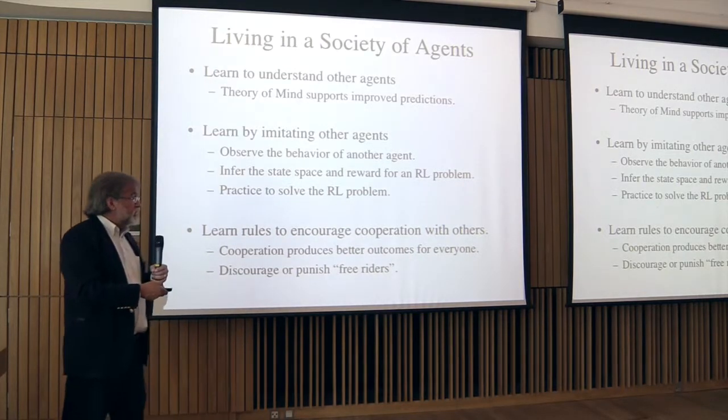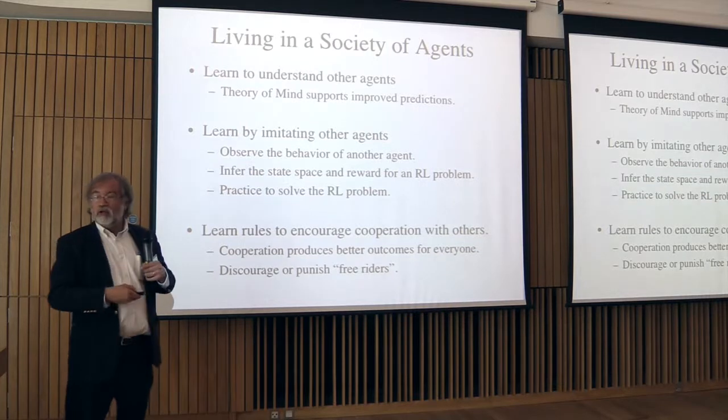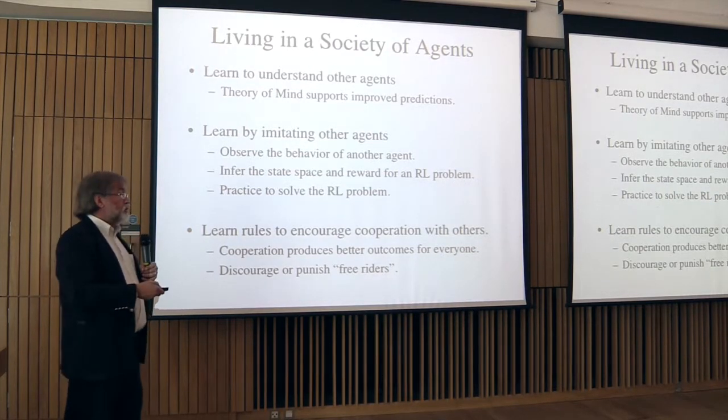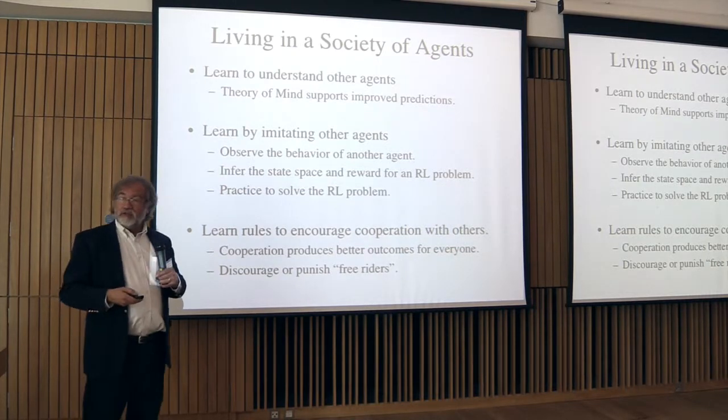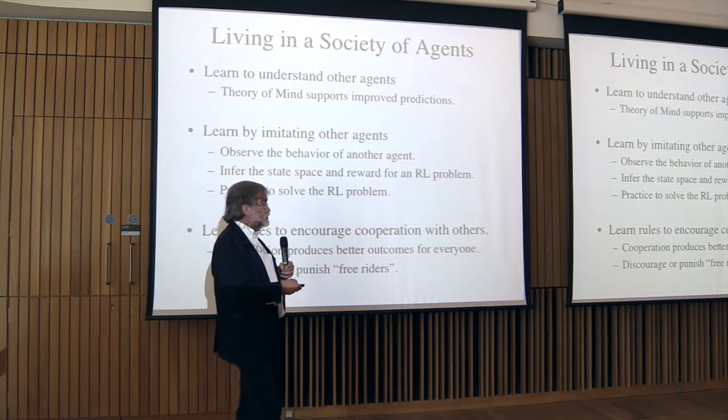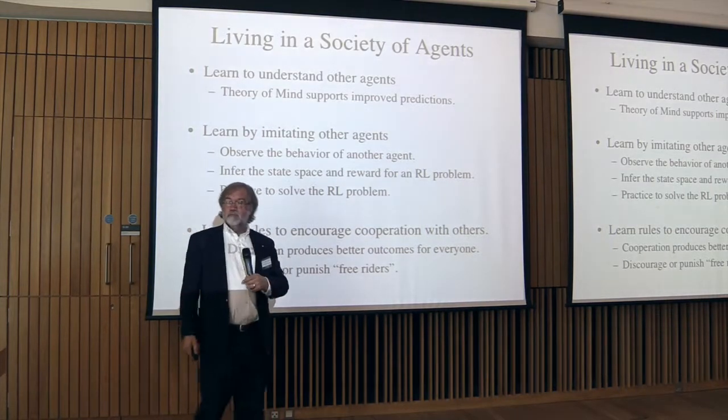And then we start having this issue about learning rules or learning morality and ethics for cooperating with other agents, for improving behavior with other agents in order to produce better outcomes for everybody.